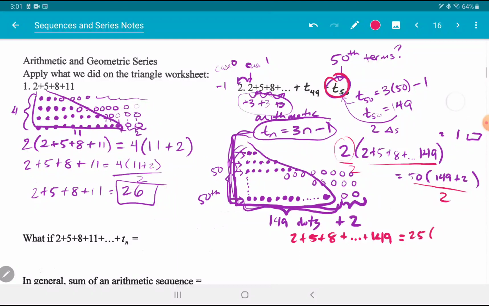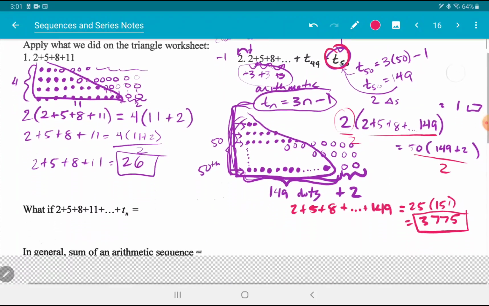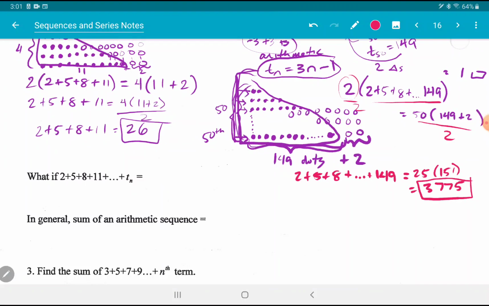And 25 times 151 will give us 3,775 from my calculator here. Okay, so we get 3,775.